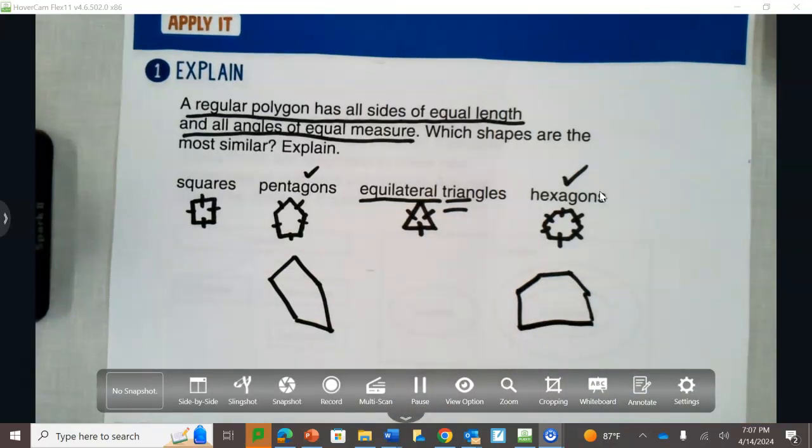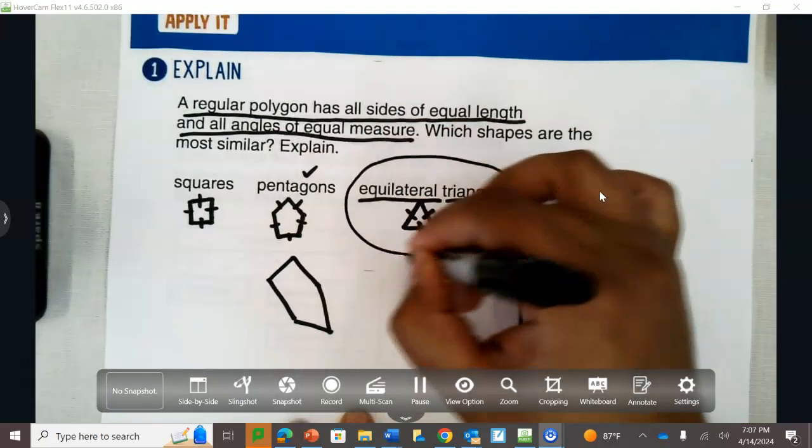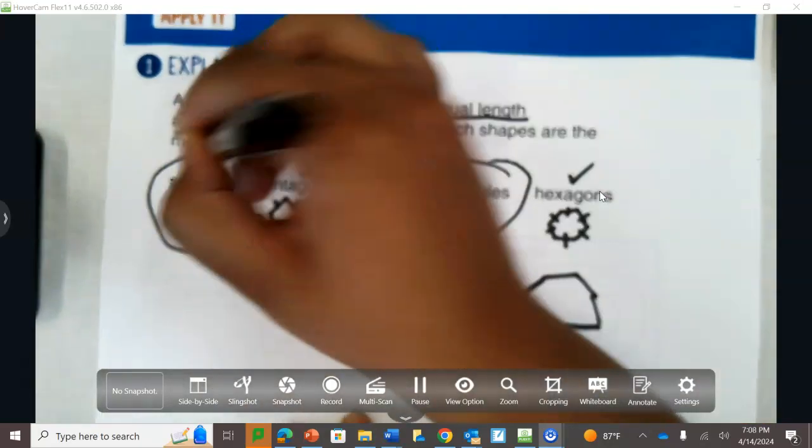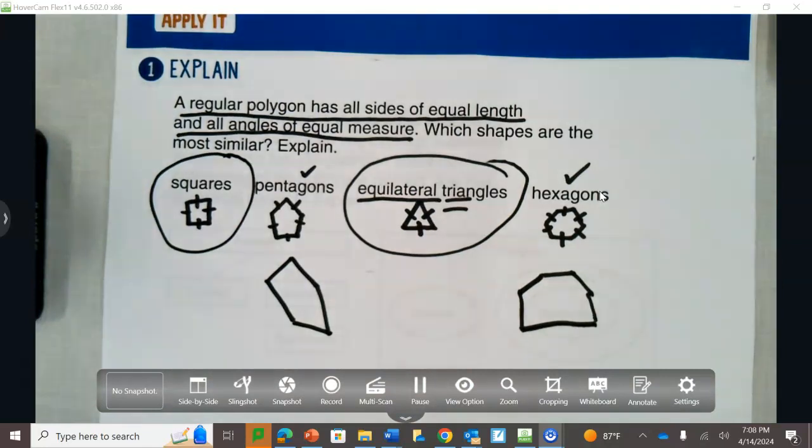Obviously those sides are not all equal length and the angles are not. So the shapes that are most similar in this case would be equilateral triangles and squares. That does not mean a square and an equilateral triangle are the same. They are just very similar in that they have to have these specific shapes because of all the attributes that these shapes have.